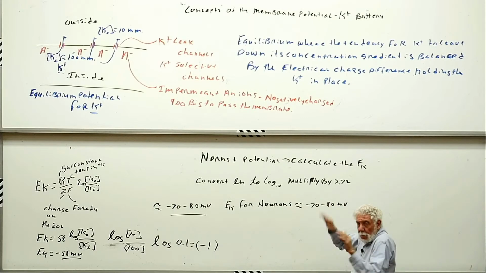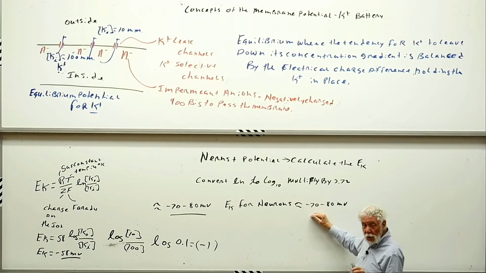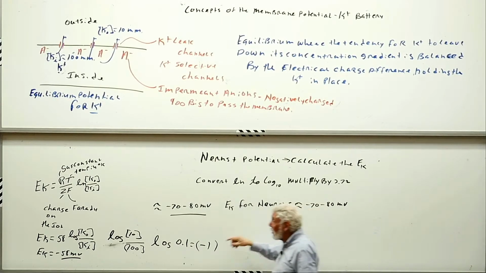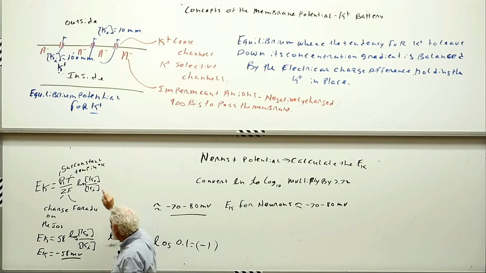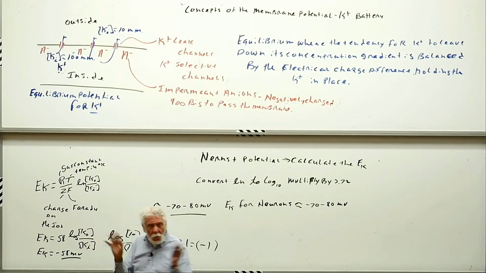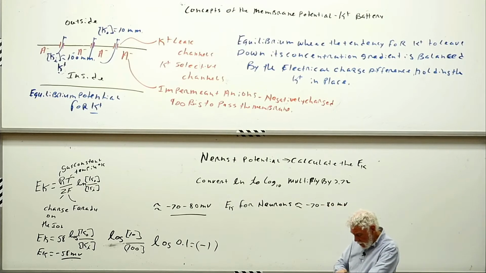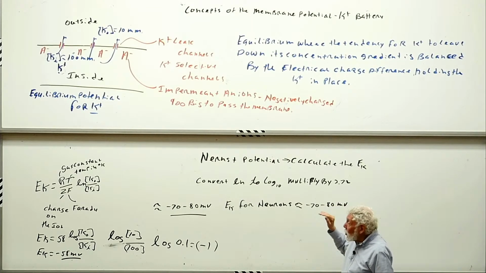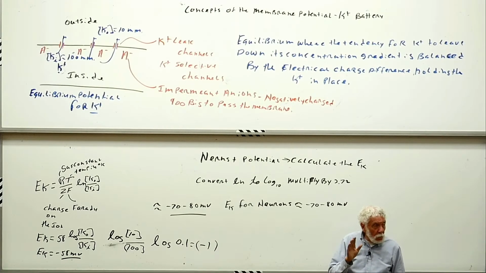It'll vary with a bunch of parameters, but it's typically in this neighborhood. I'll let you go through the numbers of what it actually looks like for 37 degrees centigrade and 4 millimolar outside and 110 inside. But it's going to come out about minus 70, minus 80 millivolts. So that's the way we generate a membrane potential. It's the way we generate the potassium equilibrium potential.